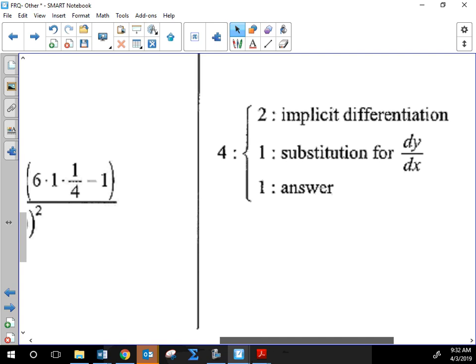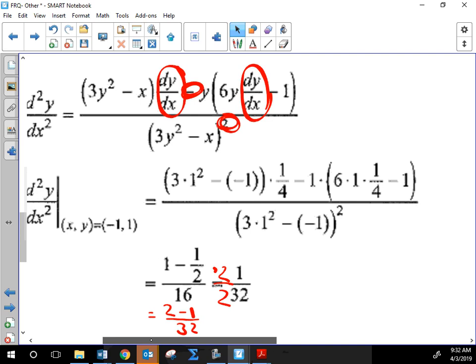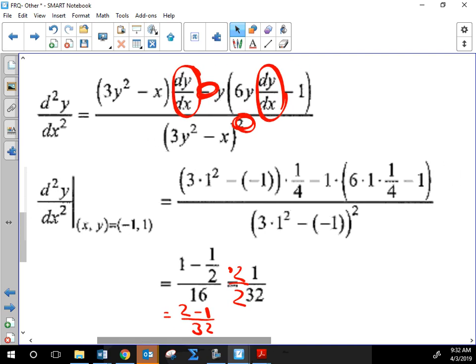So probably if you mess up like the negative or you forgot your square, you probably still get 1 point. And then 1 point for substituting back in dy dx. So we had to use our dy dx that they gave us to put that back in so we could actually then plug in our numbers. And then it was 1 point for our solution. So 1 point for implicit, 1 point for taking dy dx from above and substituting it, and then 1 point for actual answer.